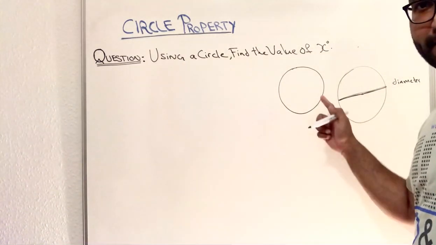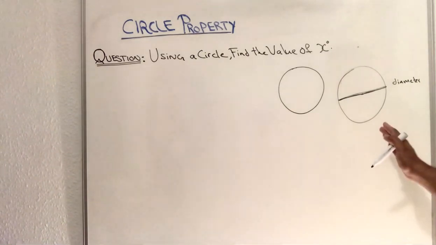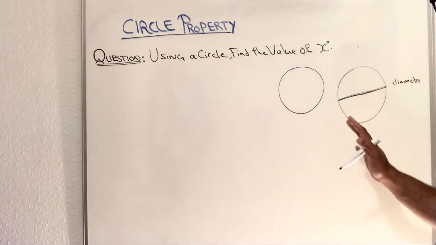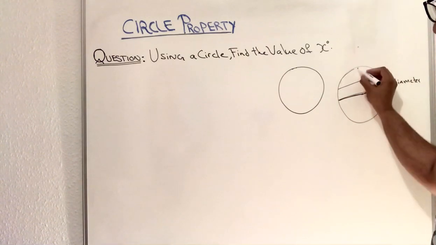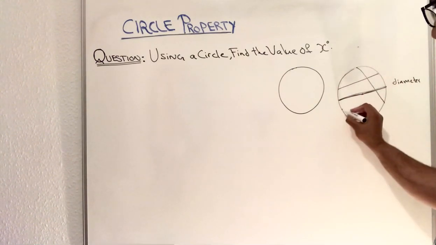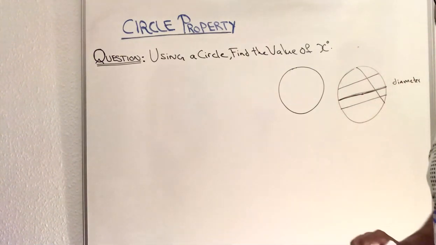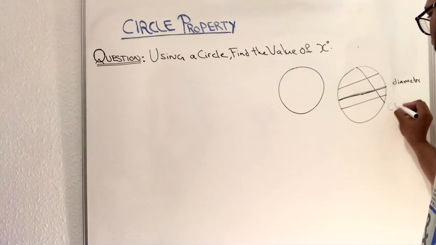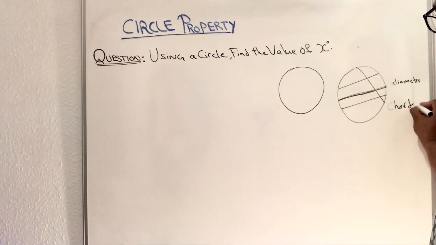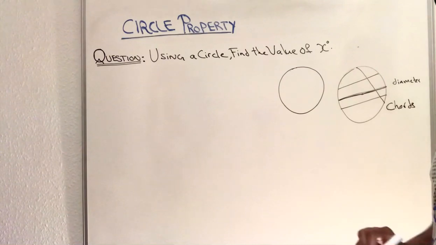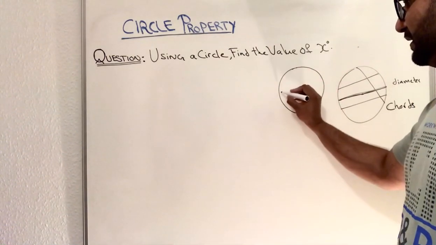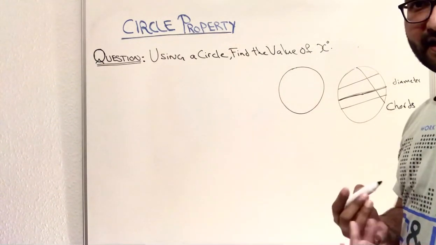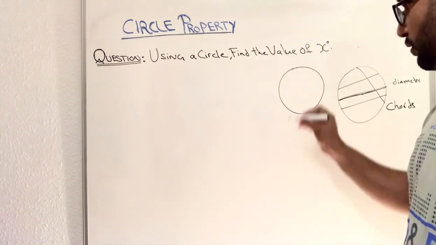Anything else except the diameter, any lines that cut the circle like that, these are all called chords of a circle.